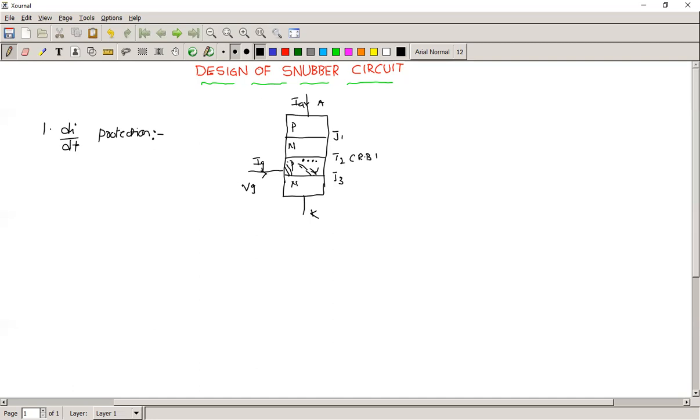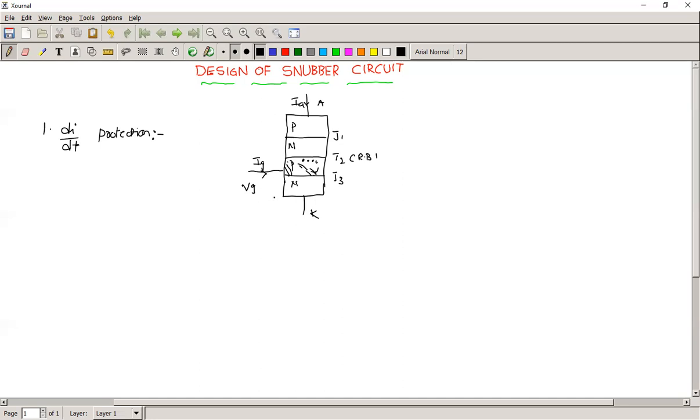Local hotspots are nothing but accumulation of charge carriers. When the accumulation of charge carriers within the inner region happens, heat will be produced. The heat may damage the device.